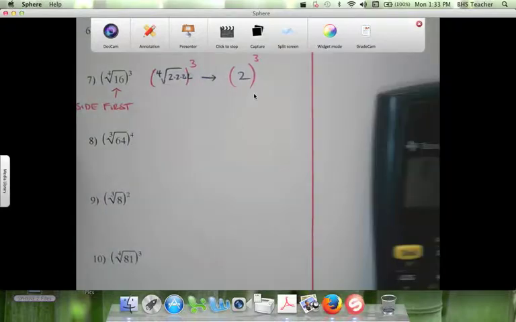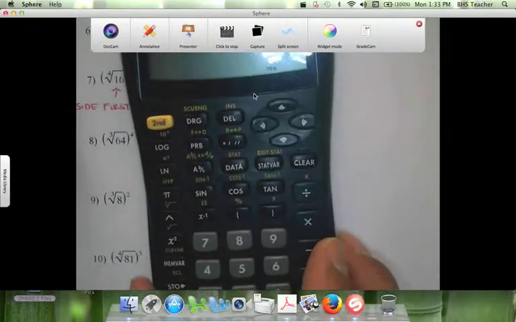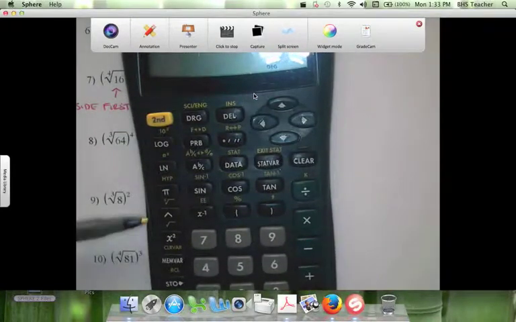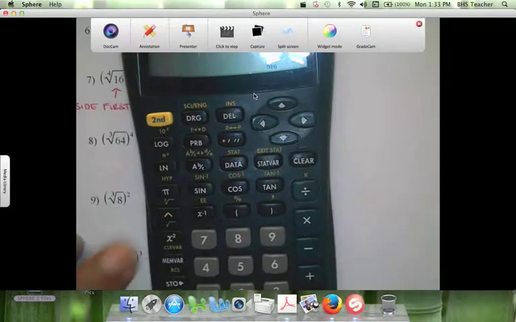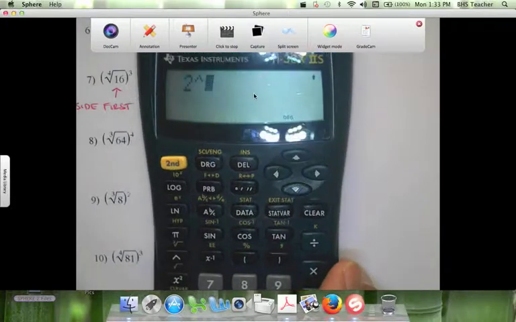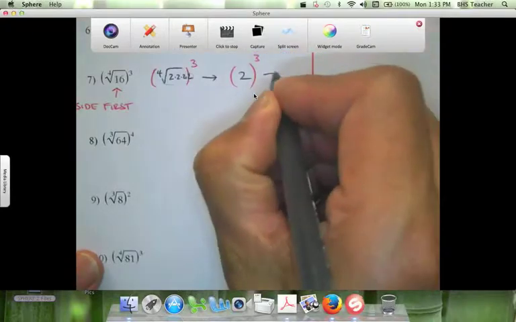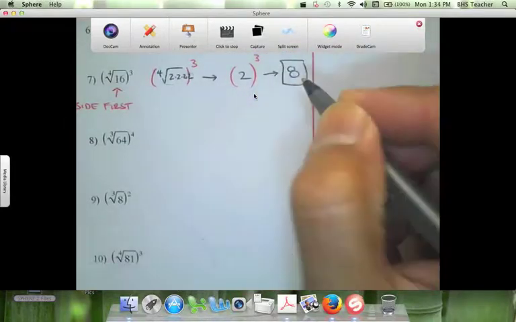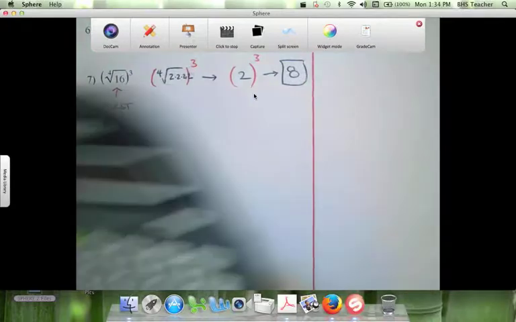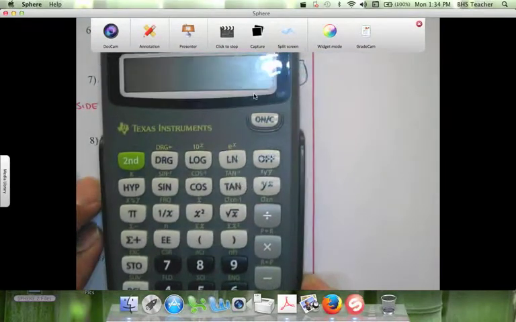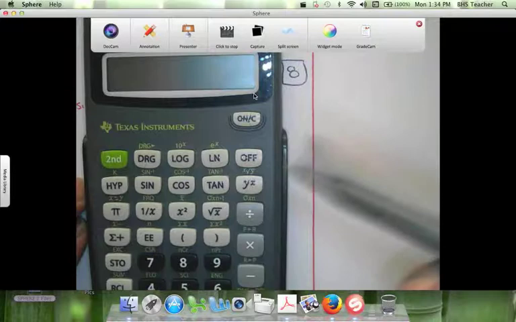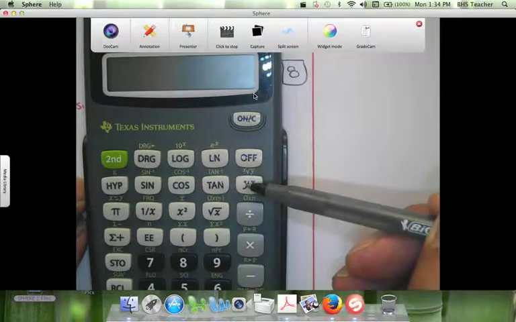On this calculator, it would be this up arrow, or this button here. If you have this one on your calculator, it'll be 2 to the power of 3. The answer is 8. If you have this calculator, remember it's this button here where you have a base and a power.